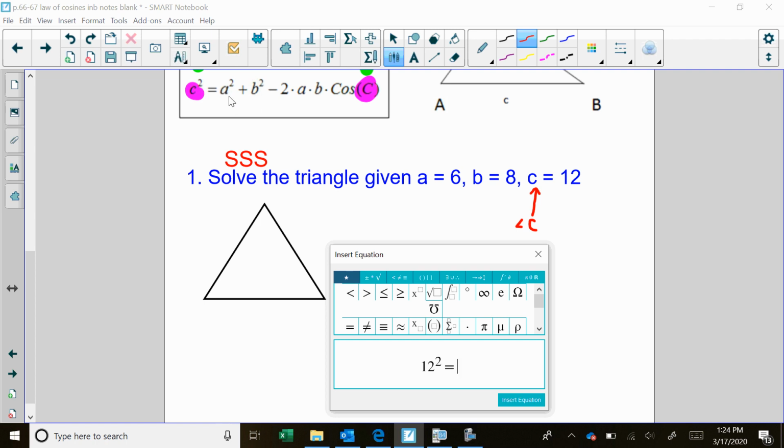So the next is going to be a squared, which is 6 squared, plus b squared, which is 8 squared, and then that is minus 2 times a, which is 6, times b, which is 8, and then we will go with cosine of the angle measure, angle C, which we don't actually know.